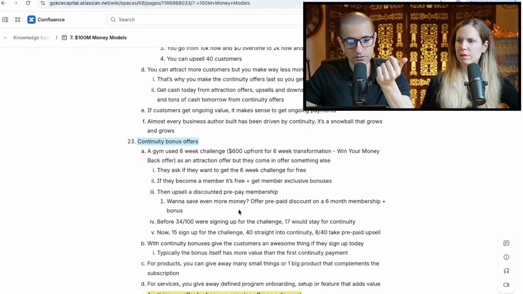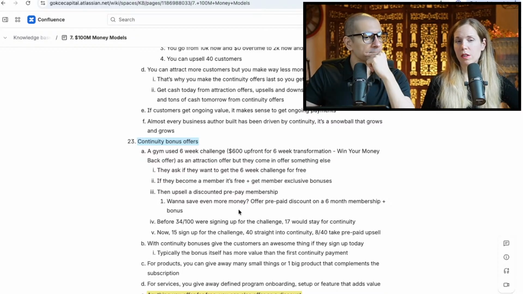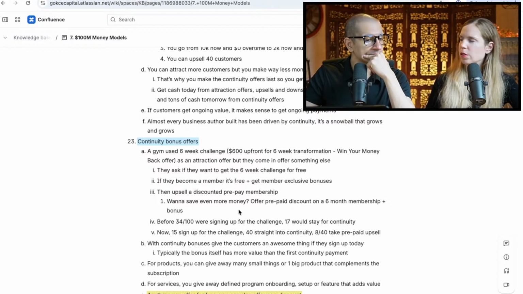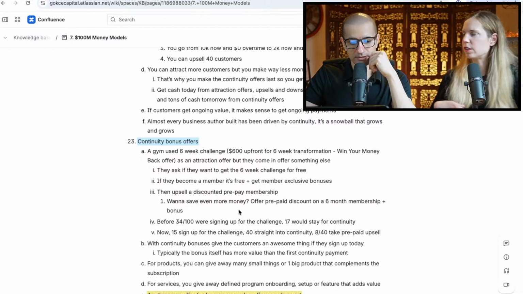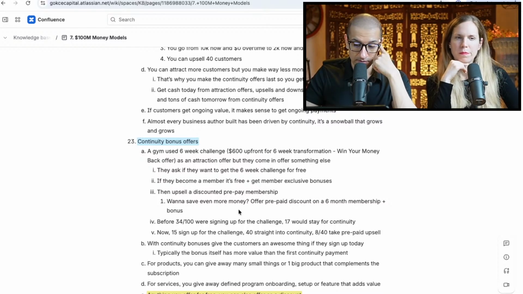The other thing is we could offer the concierge service as the bonus for the membership. And then if they just wanted the concierge, we could downsell. I see what you're saying. Concierge service as a bonus.